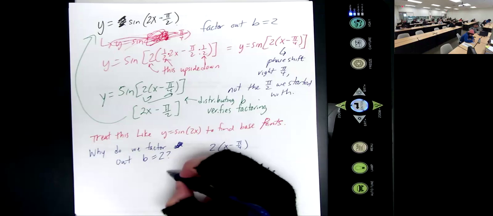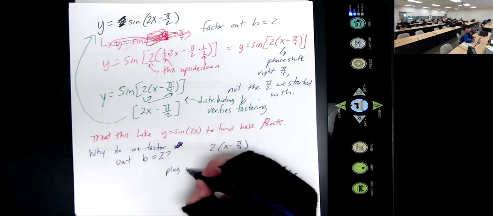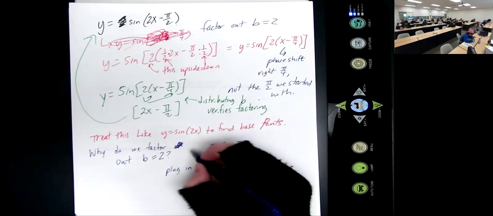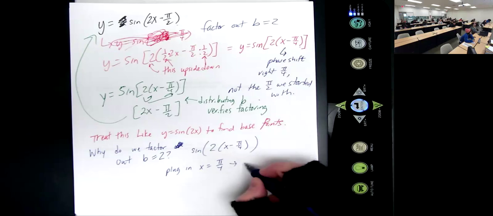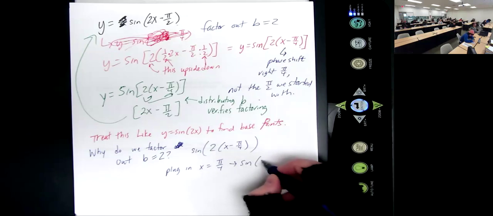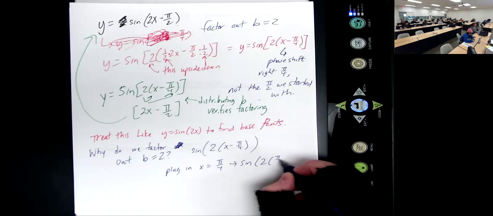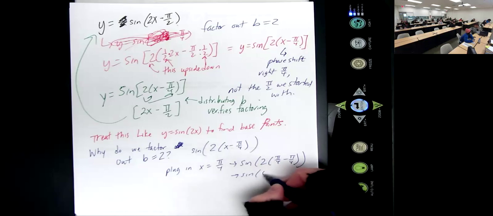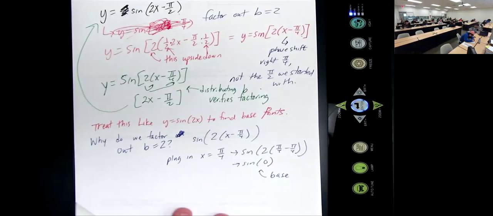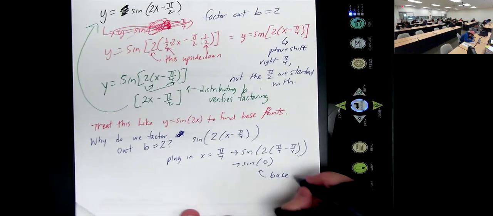If I plug in x equals pi over 4, I have sine of 2 times pi over 4 minus pi over 4, which is sine of 0. And that's a base point.